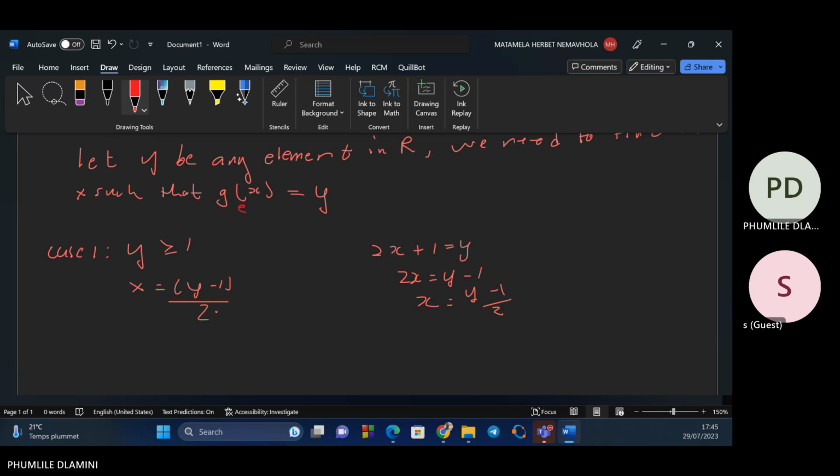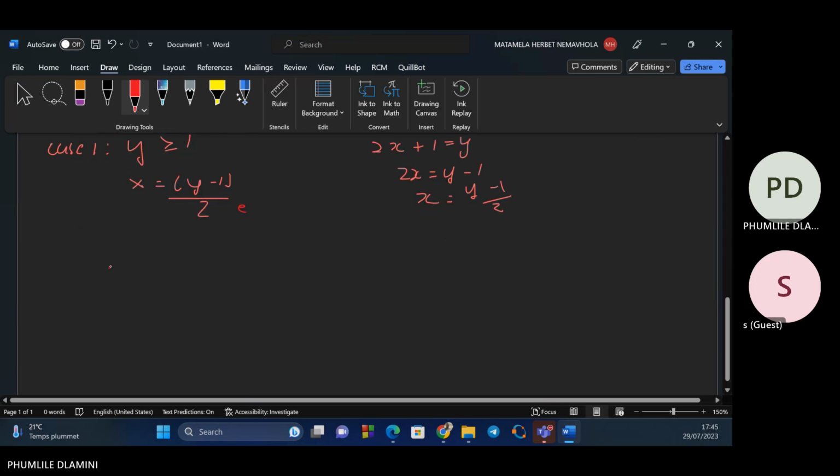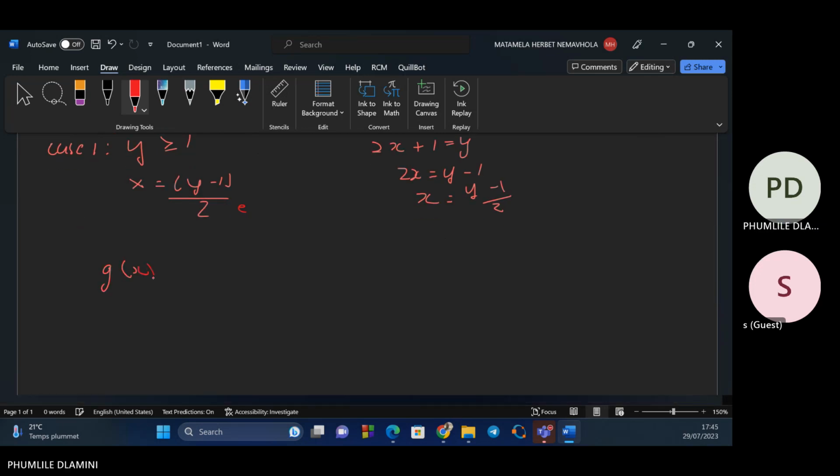Therefore, now we have our g of x, which is equal to 2x plus 1, can be written as 2 times, where there is x, we use y minus 1 over 2, whereby the 2 will cancel with that denominator.